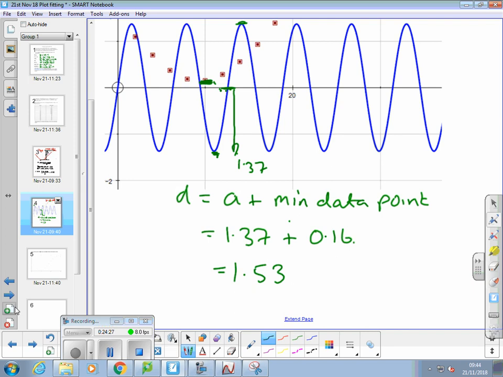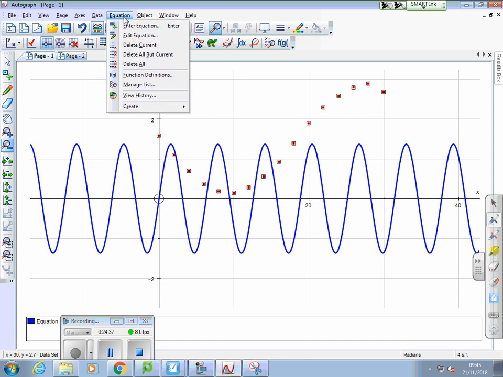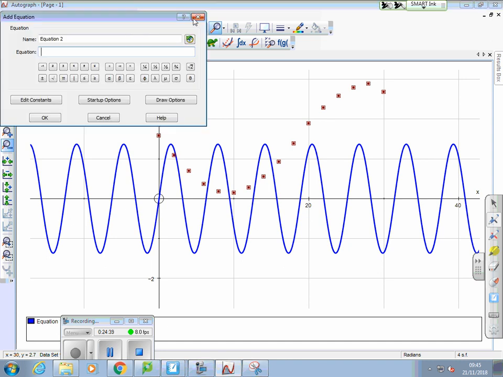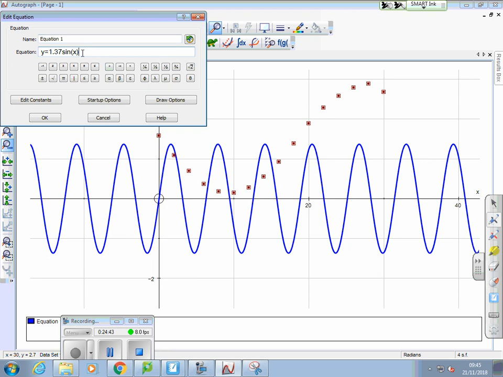Okay. So going back to the software, if we now go back to our equation and edit that equation and put a plus 1.53 on the end.